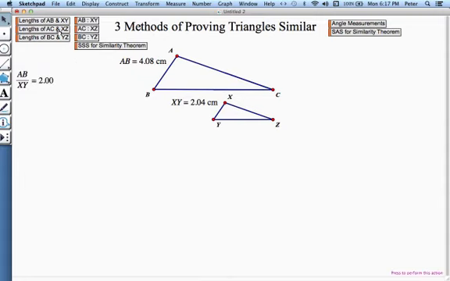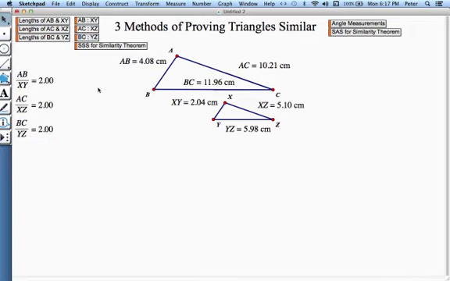Then we could look at the length of AC and XZ and look at that ratio and see that that's also 2 to 1. Finally, we could compare the lengths of BC and YZ in a ratio and see that that's also 2 to 1. Well, that would be enough to prove the 2 triangles similar by side-side-side for similarity.